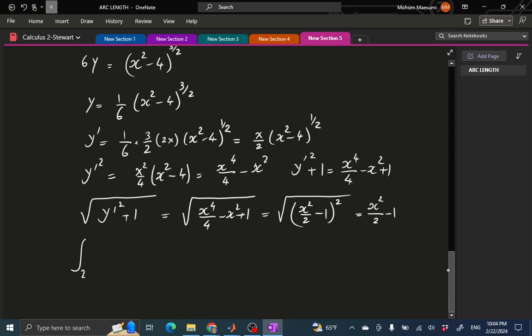The integral from 2 to 3 of this expression will be the integral from 2 to 3 of (x^2 over 2 minus 1) dx, and that's going to be x^3 over 6 minus x between 2 and 3.